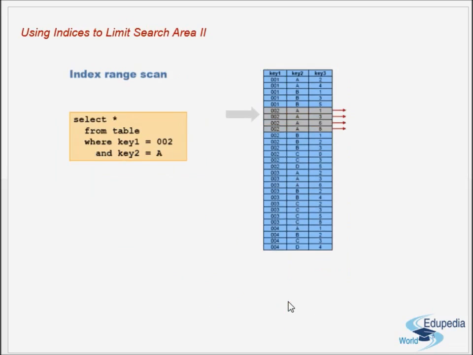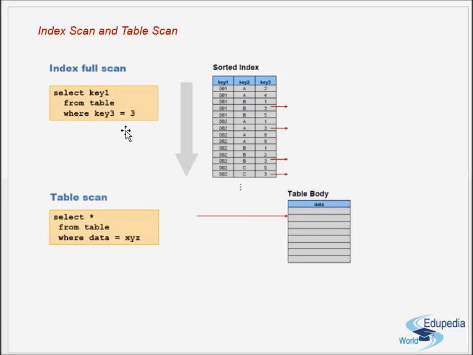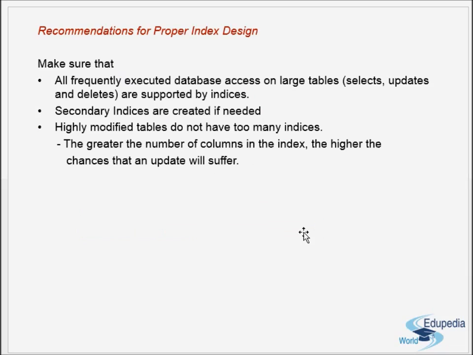In the next one we have given only 2 columns, then it will do a range search. In the next one we have given only one column of the table, which has 3 columns, so it has to do a full table scan. That's why, for performance improvement, we have to prevent doing a full table scan.